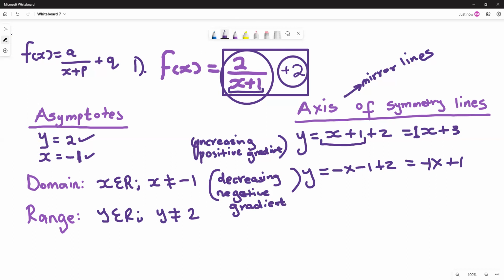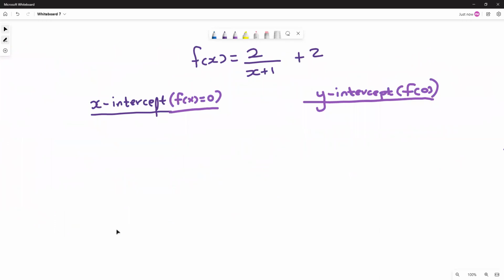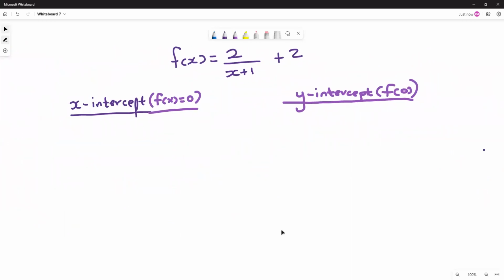Perfect. Now we're going to do the x and the y-intercept of this function. The easiest one to start with is always the y-intercept. Remember, the y-intercept is when x is 0, right? We make x 0, so our input is 0.